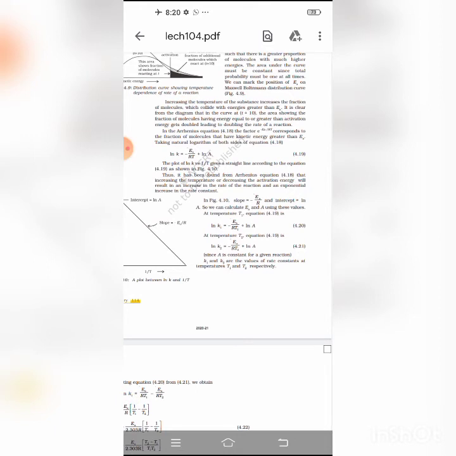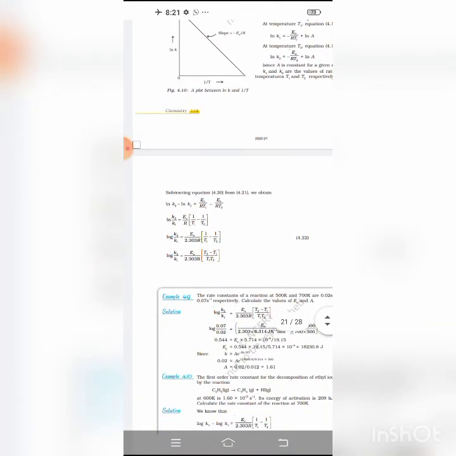It is clear from the graph alongside, as we discussed earlier, that for every 10 degree rise in temperature, the area increases and the molecules having energy equal to or greater than the activation energy get almost doubled, leading to almost double the rate of reaction.